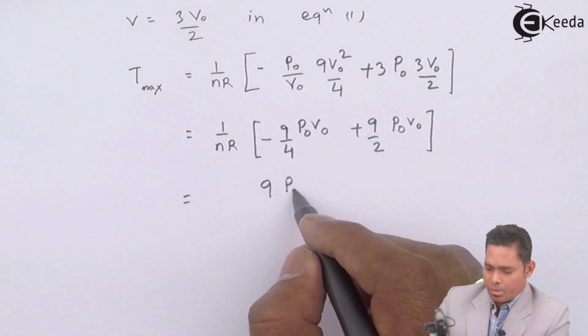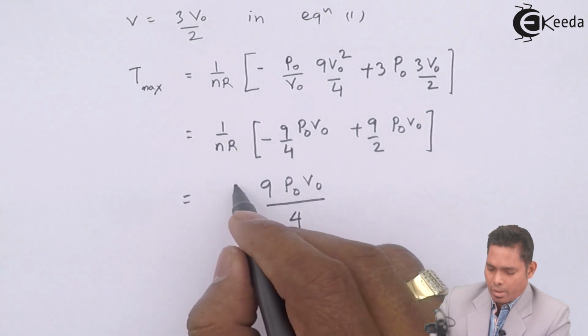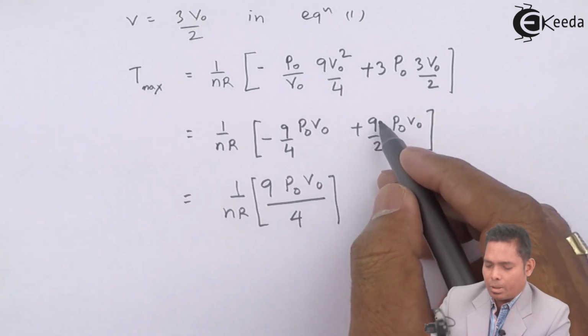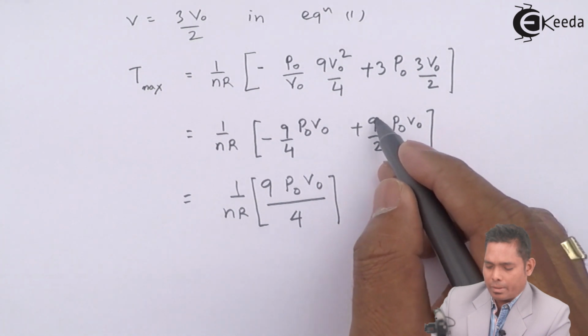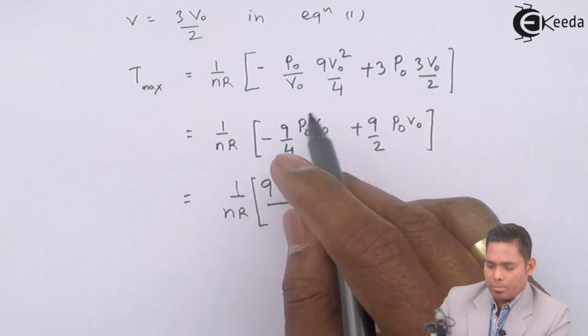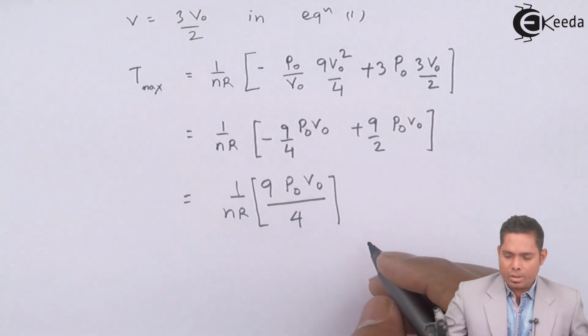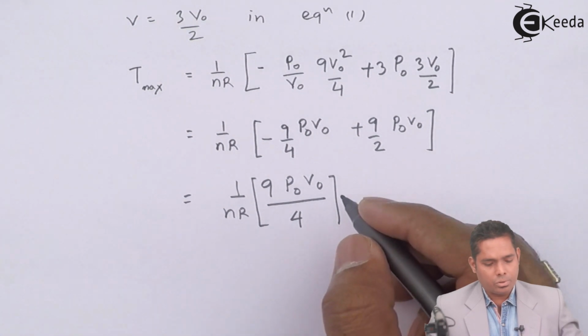So it is 9 P naught V naught divided by 4, times 1 upon nR.